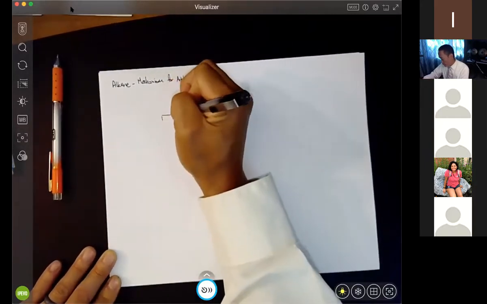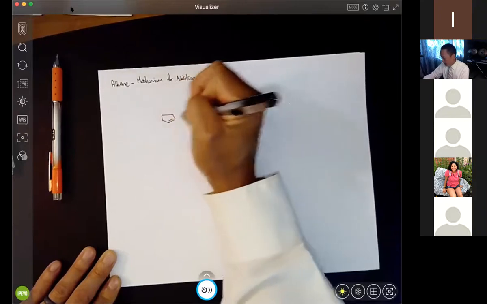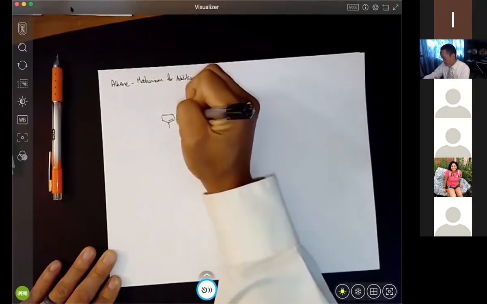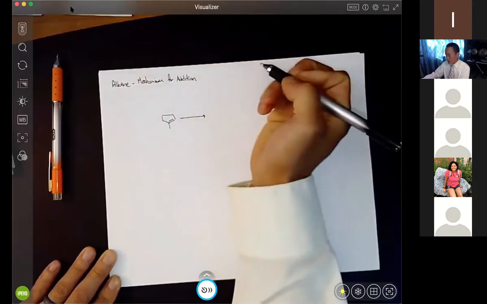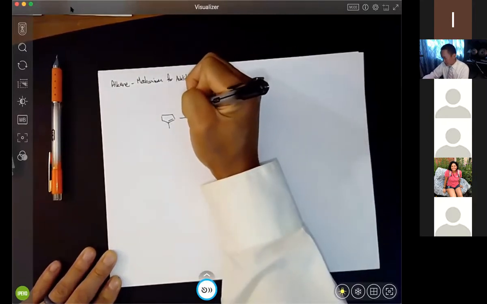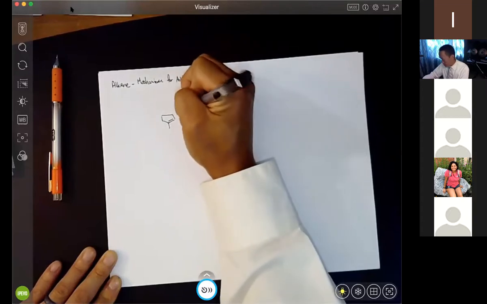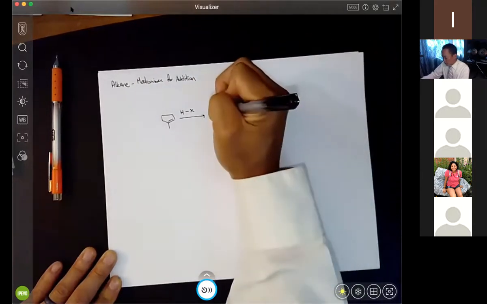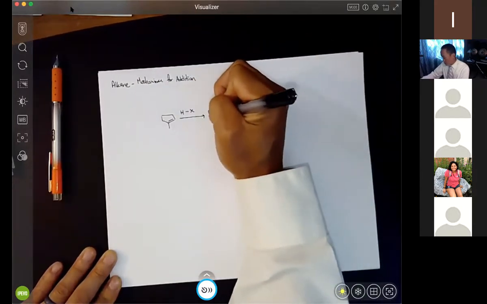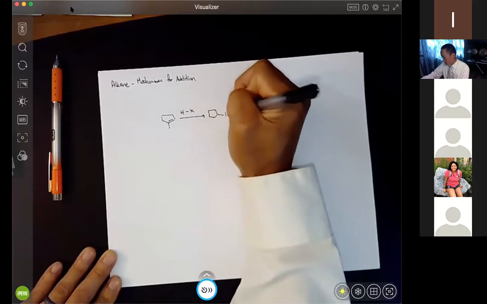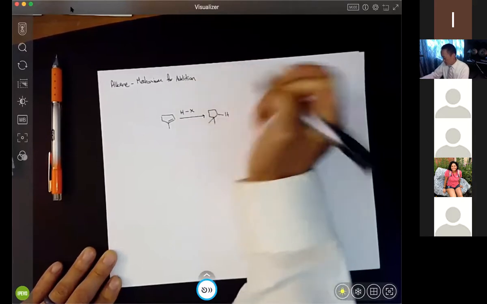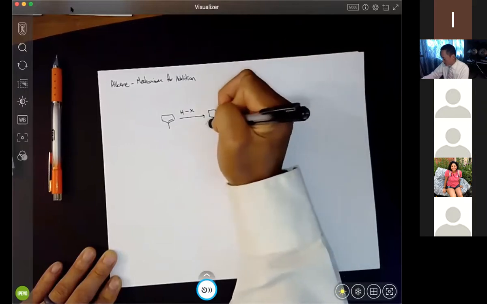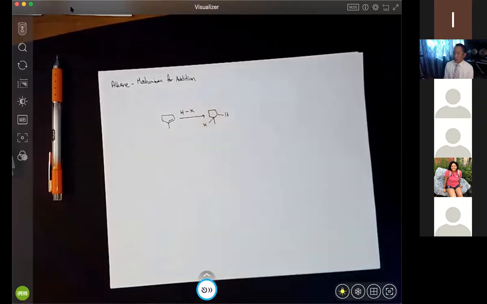If we were to take an alkene and we were to react it with some species, and for this I'll just use the example of HX, then we are going to eventually synthesize the addition of that halogen and hydrogen to that double bond.